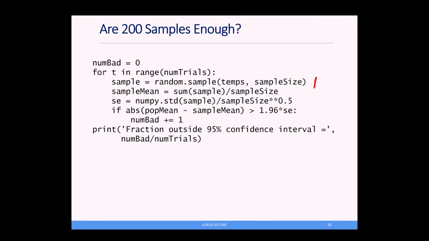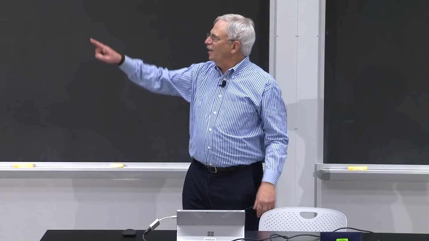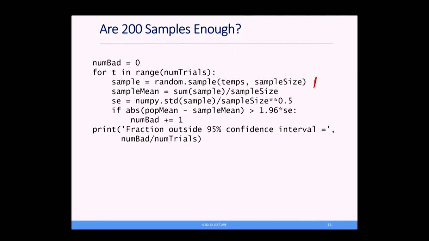And then if the absolute value of the population mean minus the sample mean is more than 1.96 standard errors, I'm going to say I messed up, right? It's outside. And then at the end, I'm going to look at the fraction outside the 95% confidence intervals, and what do I hope it should print?